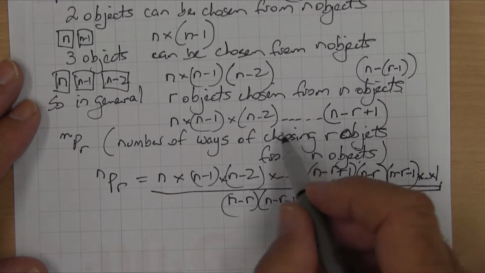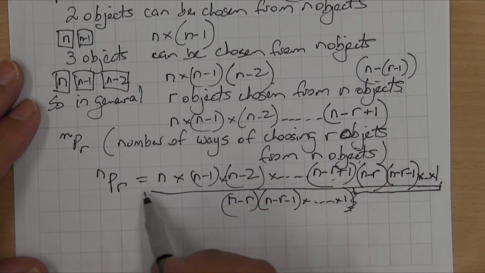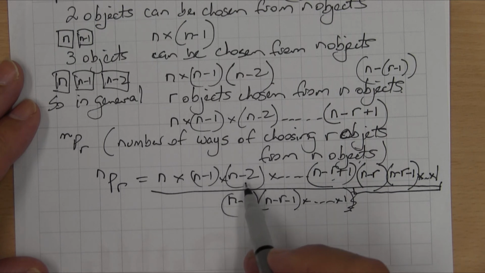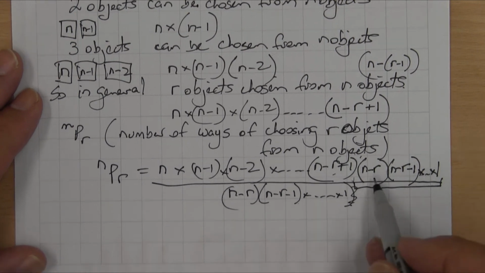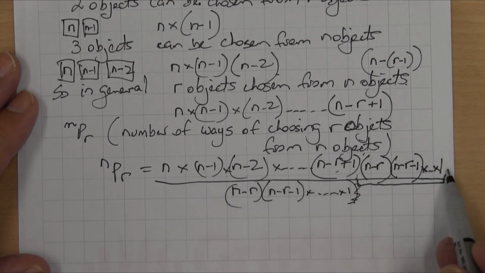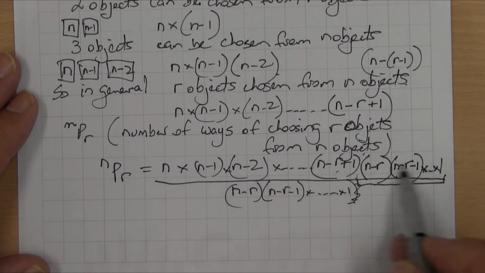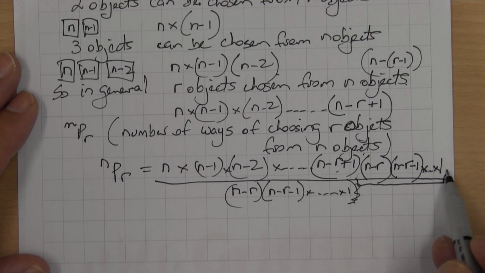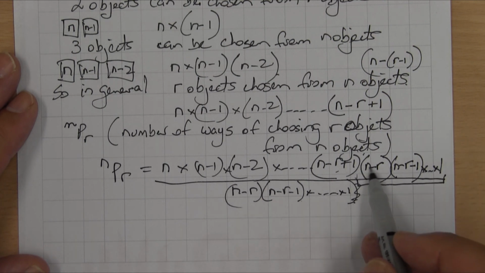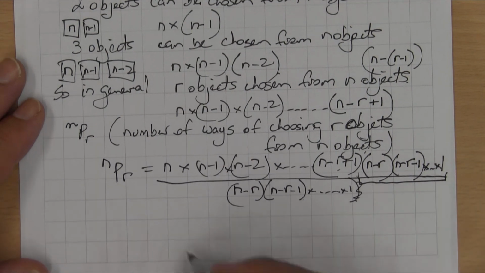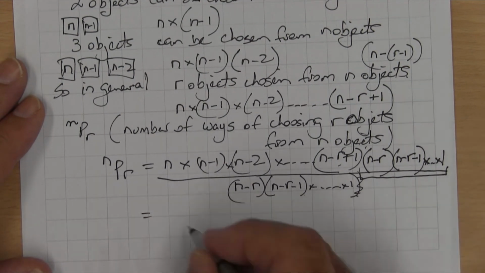All I've done is nPr is n times n minus 1 times n minus 2 all the way down to here. But to make it easier to work out, it would help if we could make the numerator into something that's very easy to work out, and that'll be just n factorial. So we multiply all the terms all the way down to 1. And if we do that to the numerator, we've got to do that to the bottom. So this has been repeated down here. So the top is just n factorial.